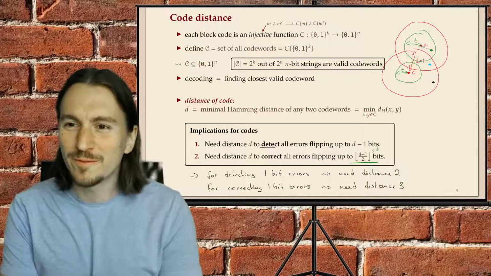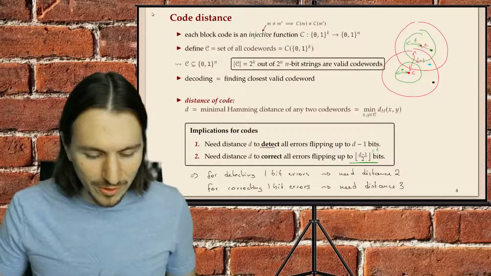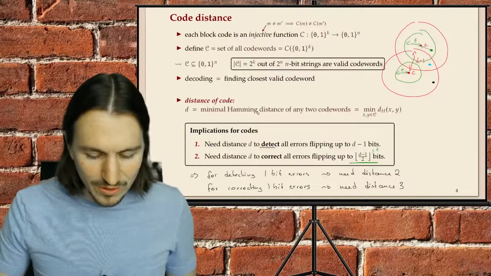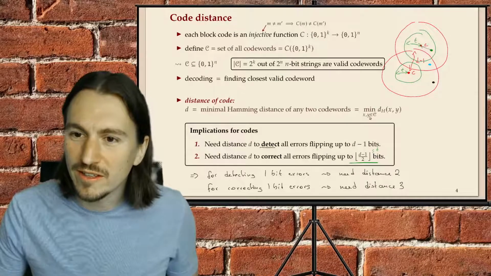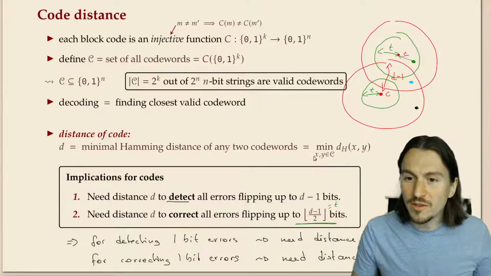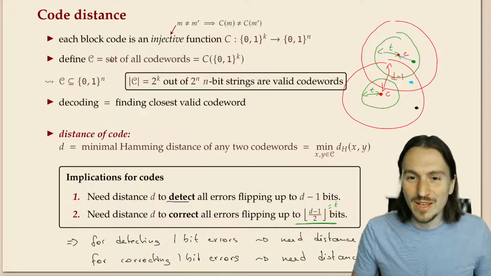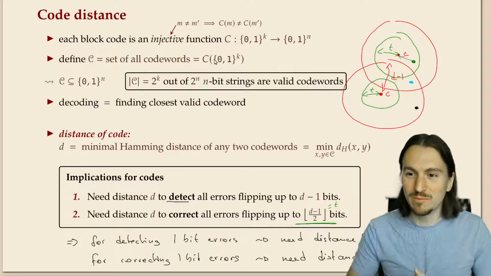Here's the slide from last week when we discussed this. First of all, remember the distance of a code was defined like this. You take any two code words, X and Y. And code words, again, is everything you can get by taking a valid message and encoding it without any mistakes.